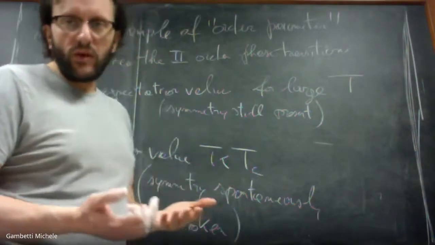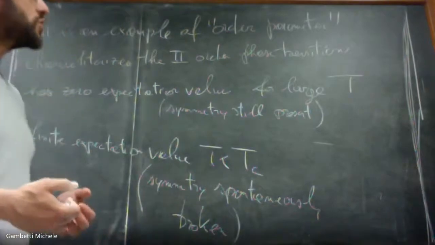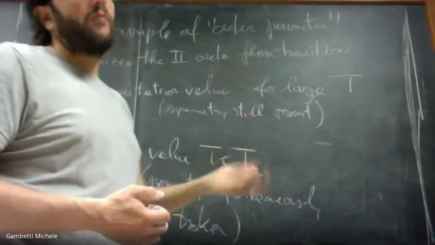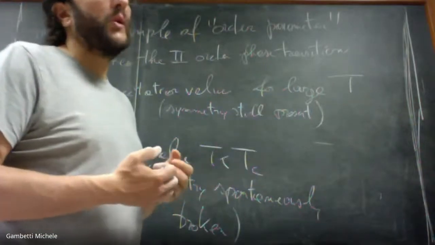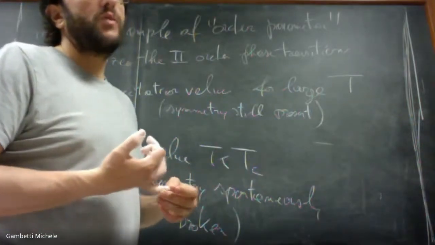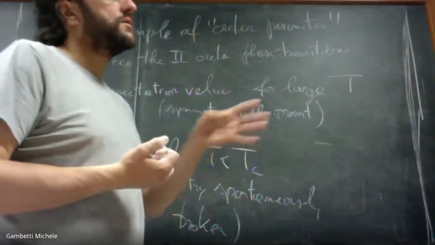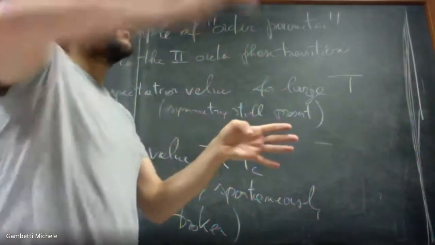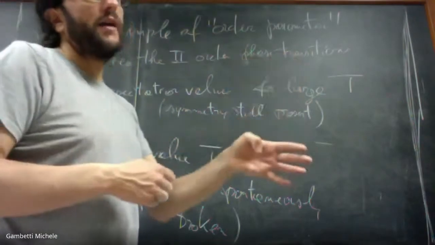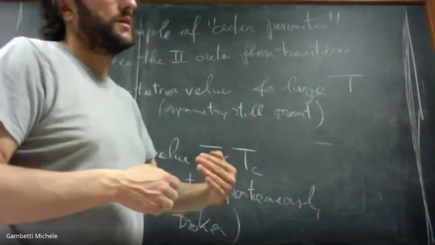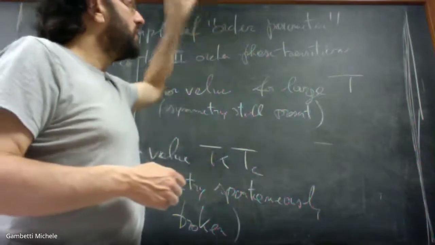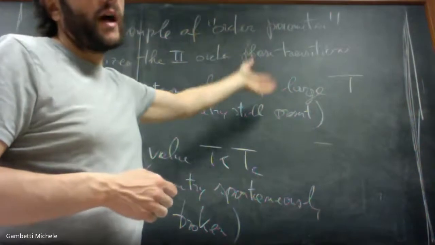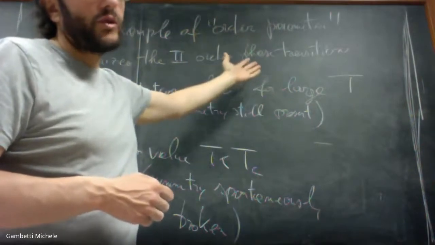In the case, for instance, of a liquid gas phase transition, a possibility for the order parameter is instead the density jump between the two phases. Okay, this density jump is zero when you are above Tc, whereas it's finite when you are below Tc. Now, this quantity appears in all the other phase transitions.